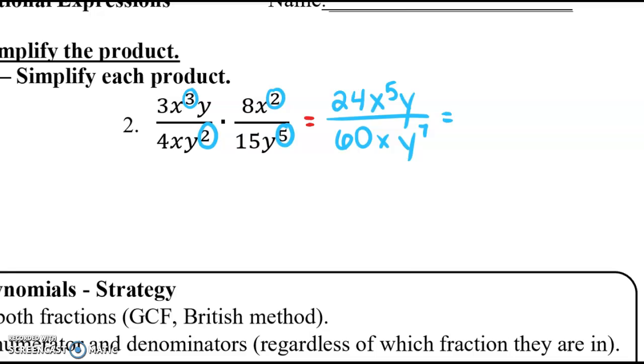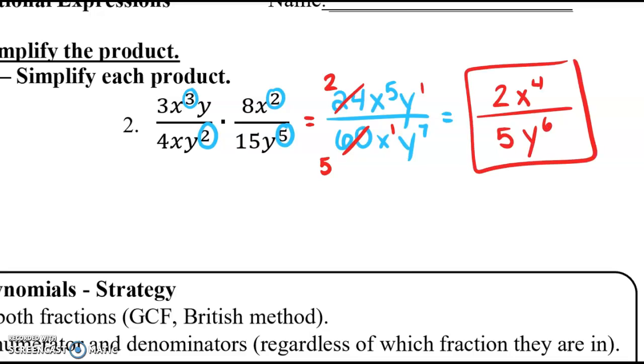For the numbers, I can simplify that fraction by dividing both of them by 12, which gives me 2 and 5. Then I can simplify: 5 minus 1 gives me 4 x's up at the top, and 1 minus 7 gives me 6 y's down at the bottom.